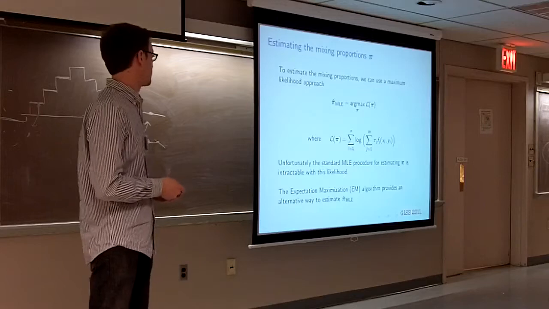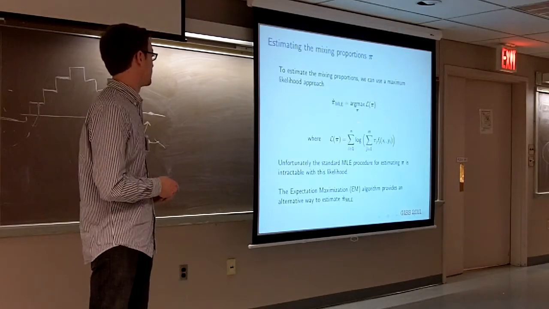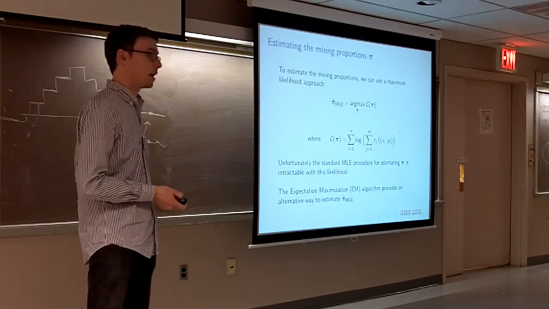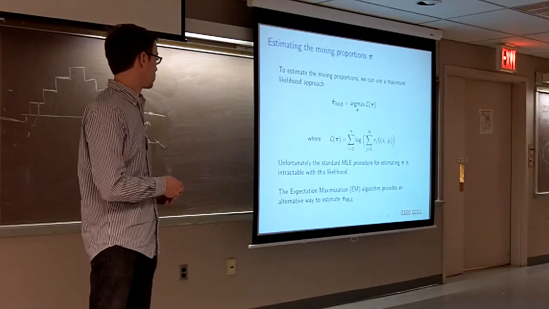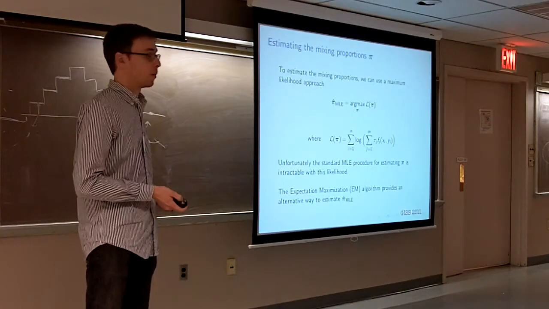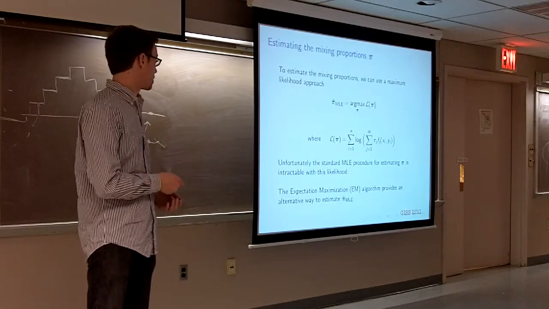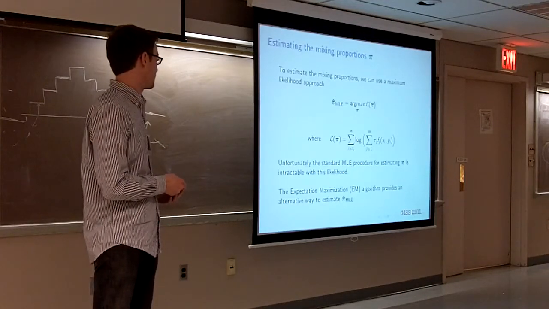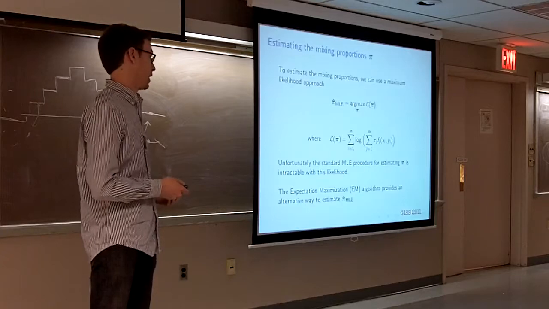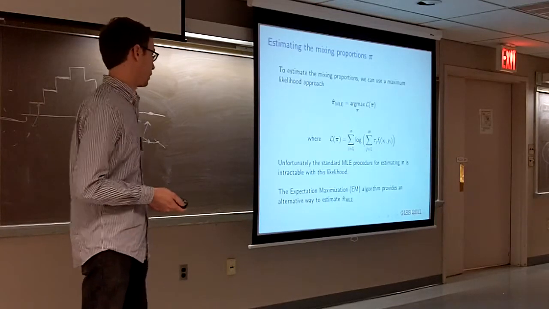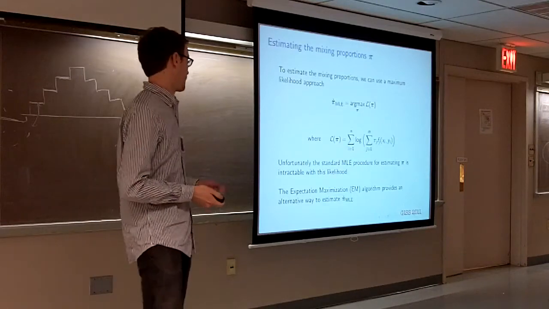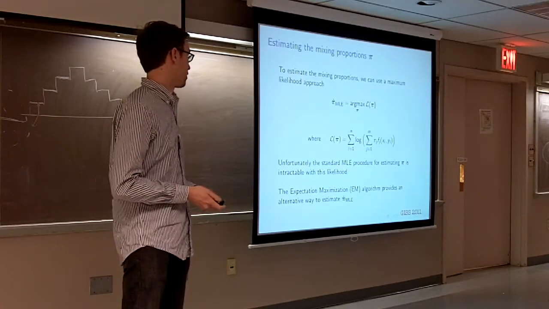In our case, that means that our maximum likelihood estimate is the argmax with respect to pi of our log likelihood, which is pictured here. This is pretty simple to derive from our model definition. Unfortunately, we can't really differentiate this with respect to pi. So standard maximum likelihood techniques aren't going to work. But expectation maximization provides a way for us to do this.